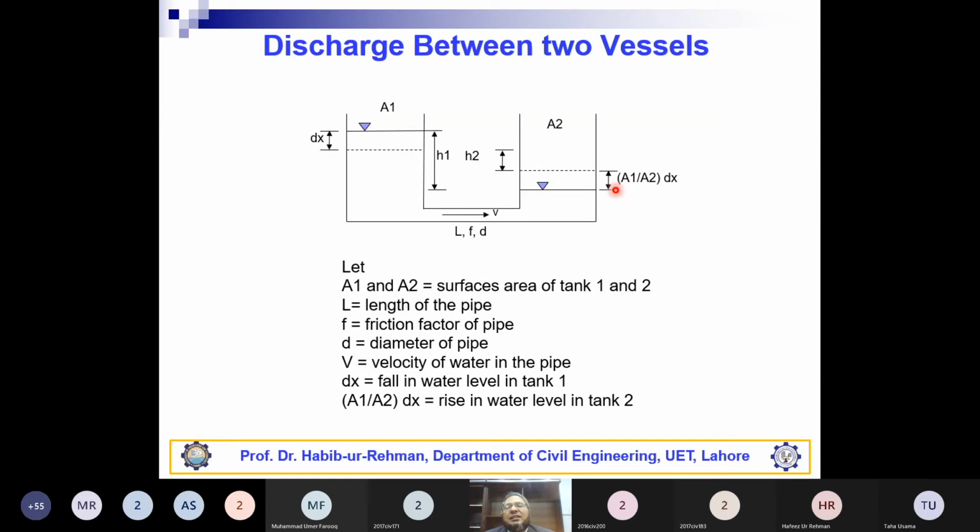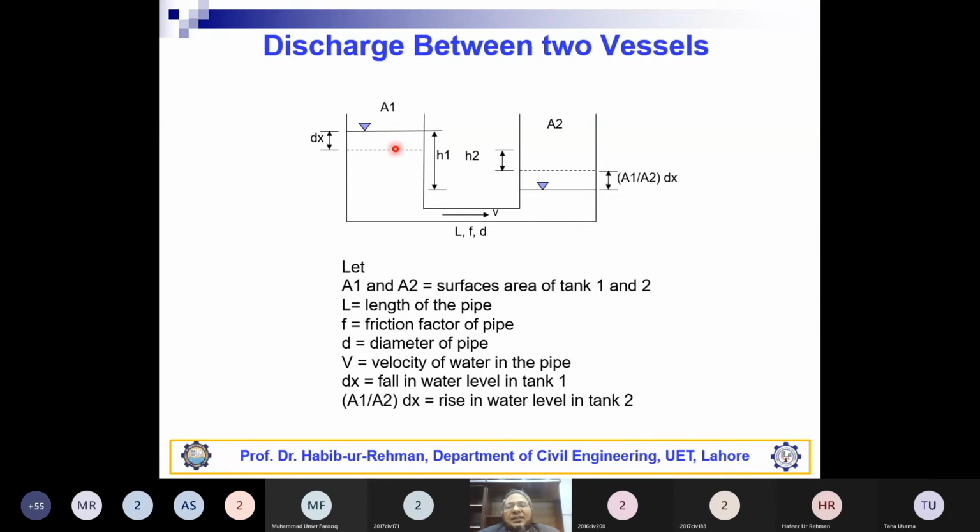That should be equal to area 2 into this value, let's say this y. So what is y equal to? Area 1 over area 2 into dx. So this is y, the respective change in tank 2.